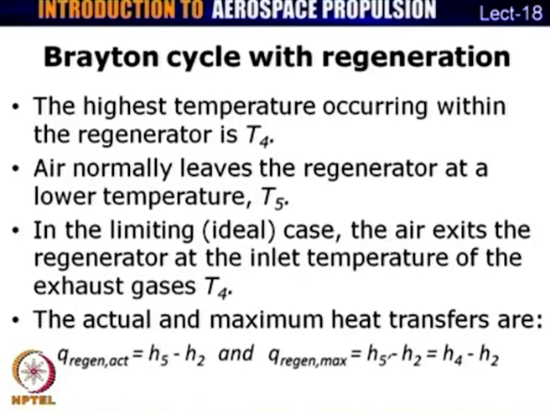Now, in an ideal case, you could have a scenario where the air actually leaves the regenerator, exits the regenerator at the temperature of the exhaust gas, which was T 4. If that was the case, the maximum regeneration that you could get is H 5 prime minus H 2, which is H 4 minus H 2, but actual regeneration takes place to a temperature less than that, which is why the actual regeneration is H 5 minus H 2.